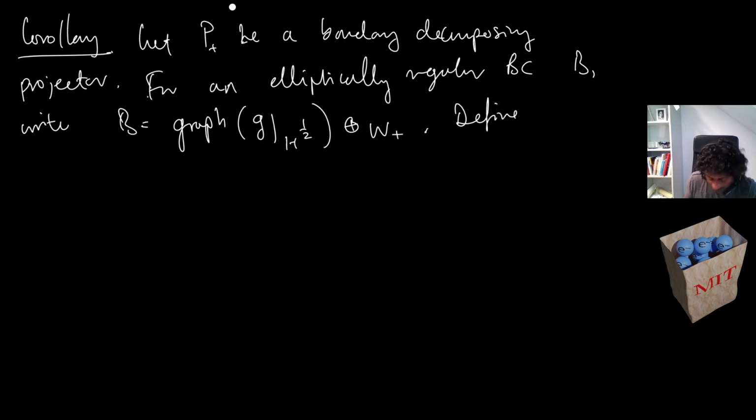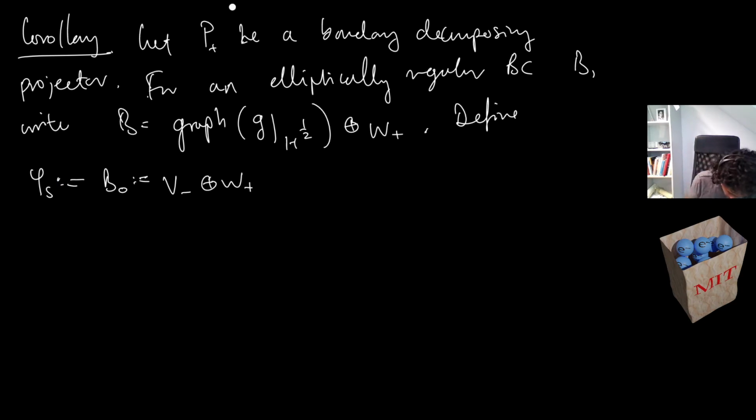Define, so now we define a particular phi s. So phi s maps us from, say, the B naught. So I'm going to write B naught as equal to V minus plus W plus. So this is the definition.